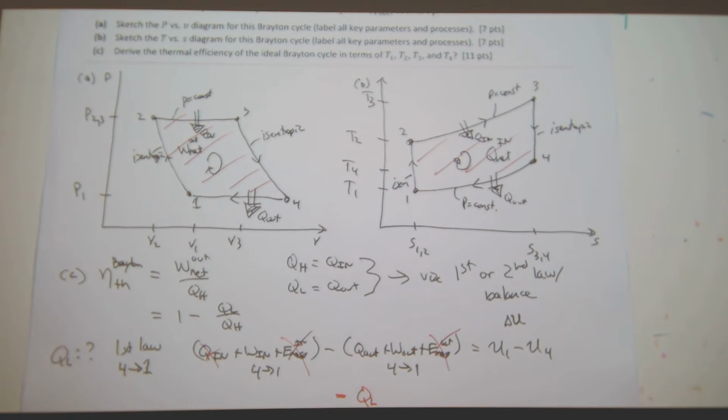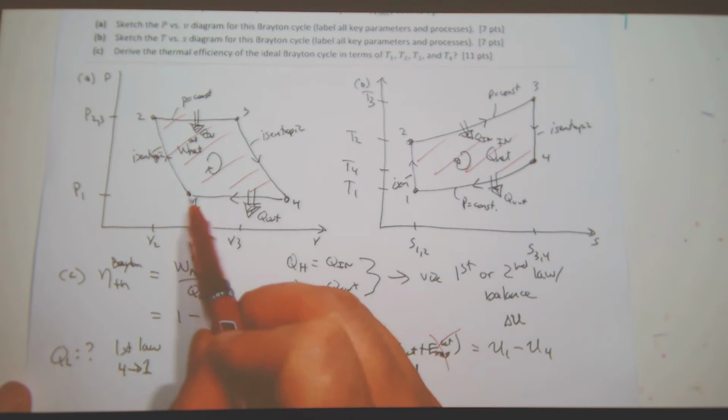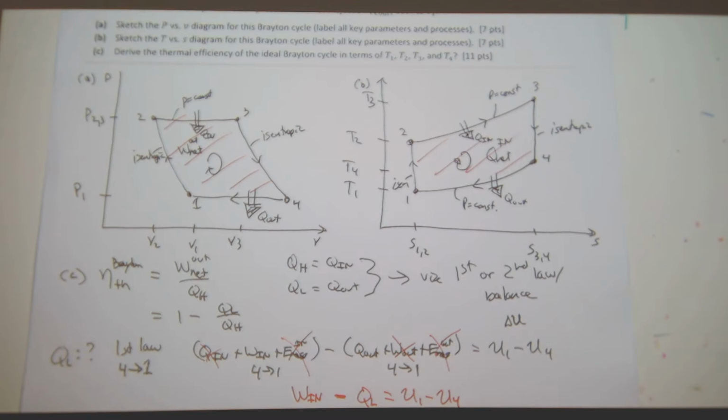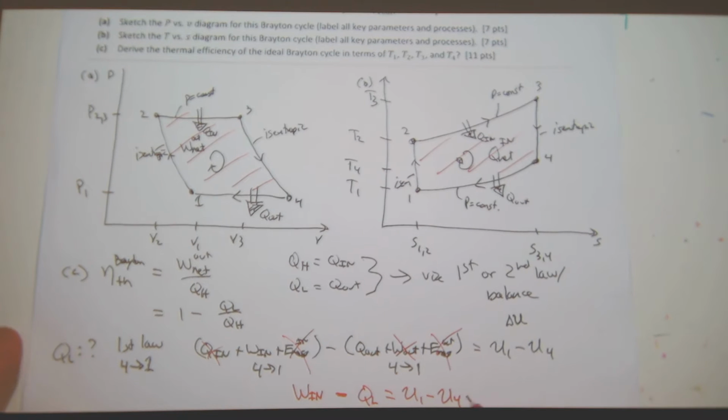Now we can use the top-down, reading a page perspective. This represents counterclockwise, so this ends up being work in. So I have work in minus my heat out equals U1 minus U4. So I want to write this in terms of QL.